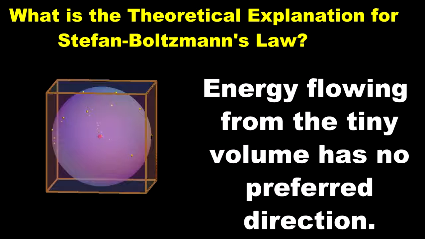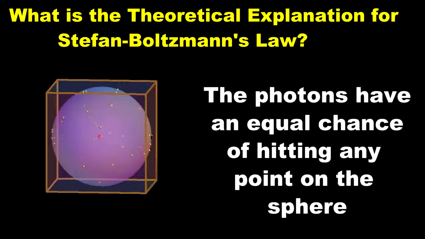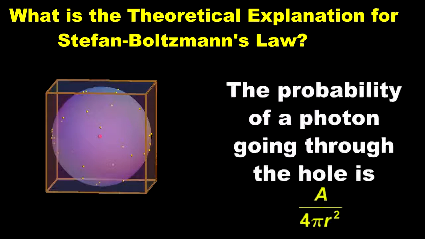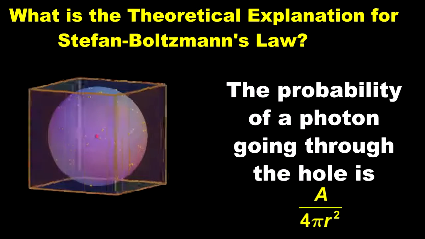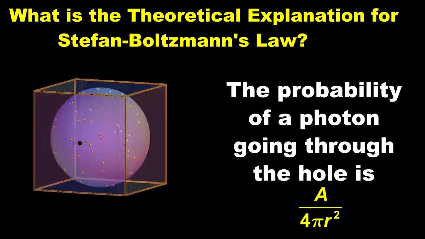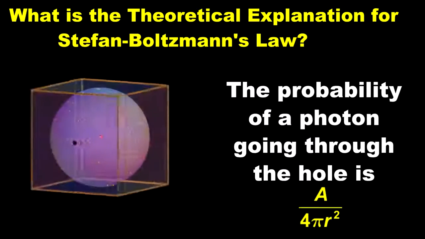You can visualize this as photon particles flowing from the little red dot. The photons have an equal chance of hitting anywhere on the whole sphere, whose surface area is 4 pi r squared. If there's a hole in the sphere of area A, then the probability of a photon going through the hole is A divided by 4 pi r squared.